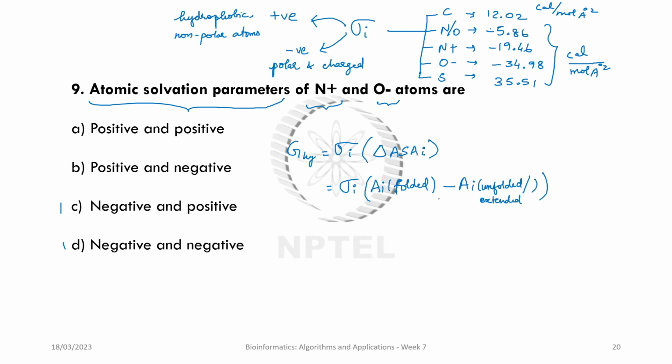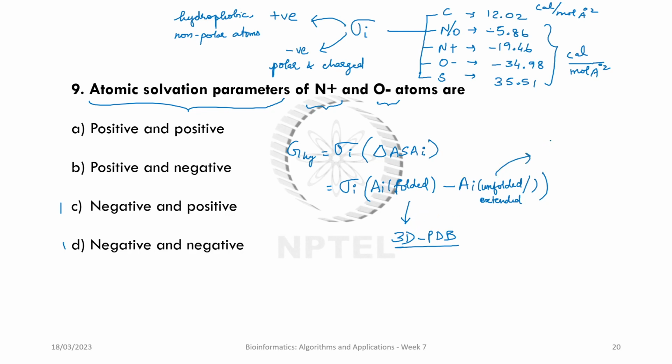So how do you find these? The solvent accessible surface area of folded state can be found from the 3D structure in PDBs, so you can get the information about how much the surface area is accessible.